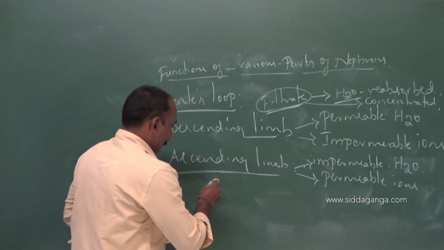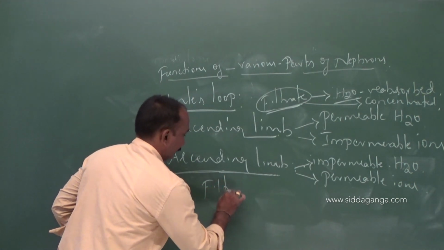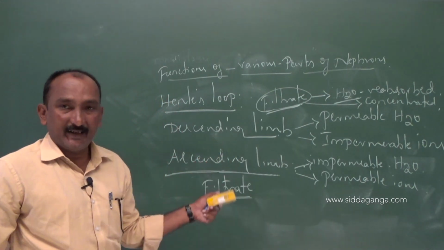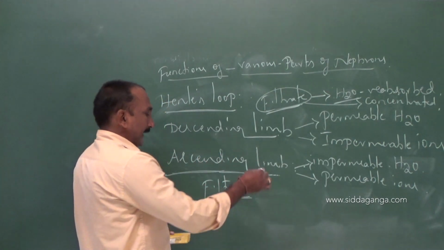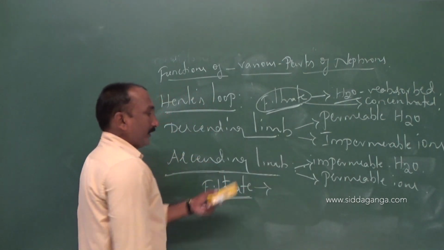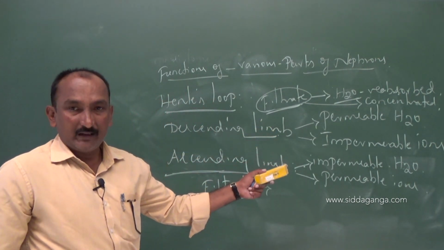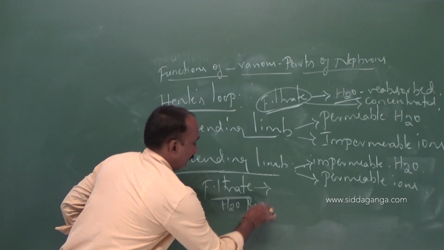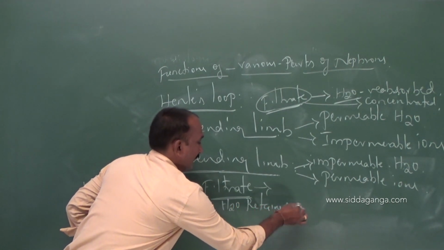While the filtrate passes through the ascending limb, because it is impermeable to water, the water is retained in the filtrate.